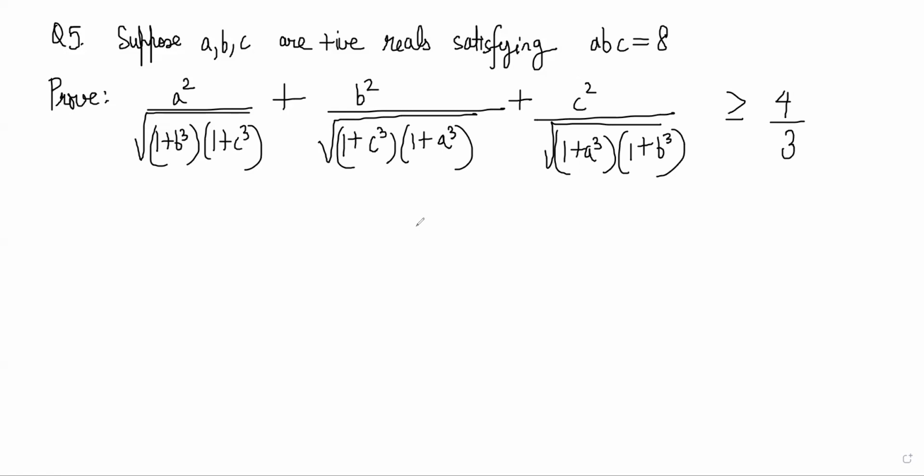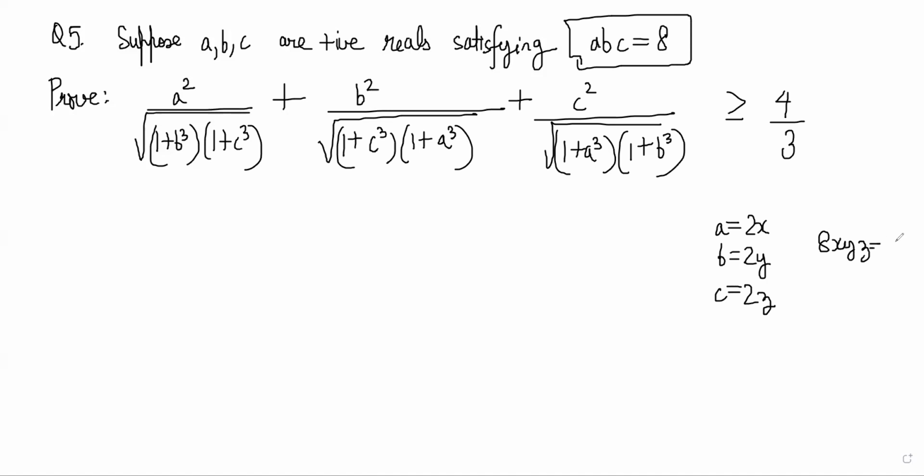Okay. So in this problem, we have ABC equal to 8. So one good way to make the problem a little simpler is if you take A as 2x, B as 2y, and C as 2z. In that case, ABC is 8xyz is equal to 8. So xyz is equal to 1. So we can convert the problem into, instead of ABC variables, we can write it in terms of xyz.